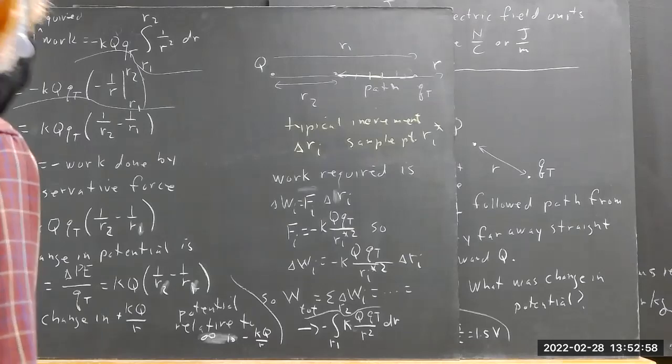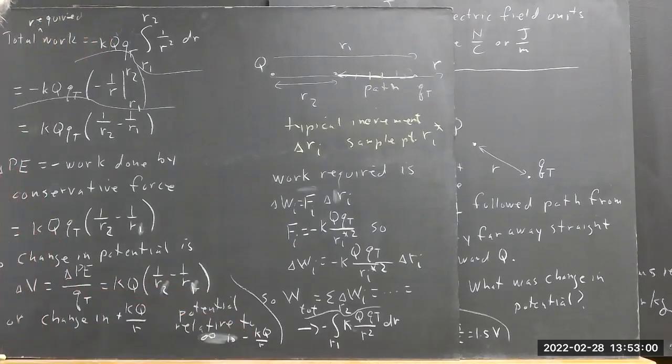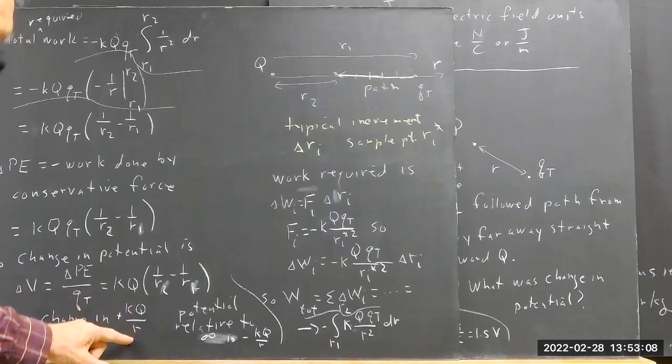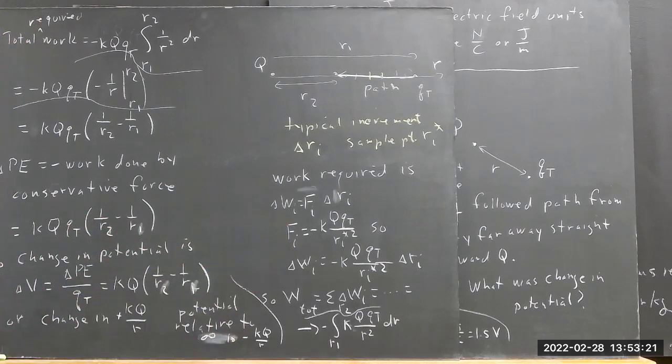This is your potential relative to infinity. And the change in KQ over R, at infinity, KQ over R is essentially zero, right? I've still got it backwards, but there it is. You can read about it. We'll straighten it out next time.